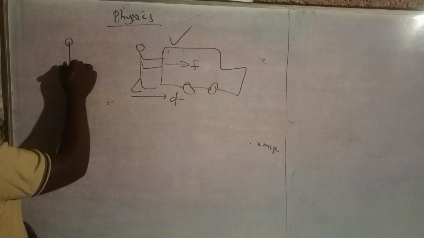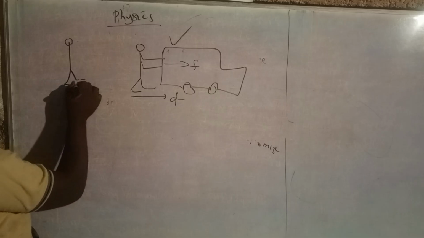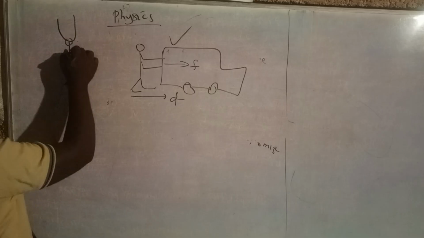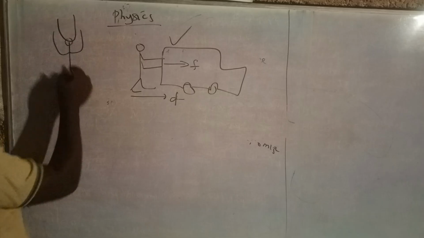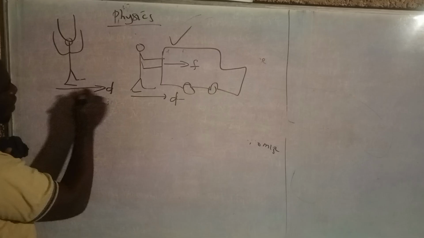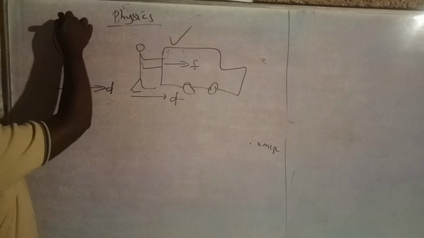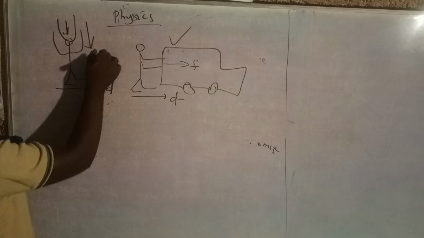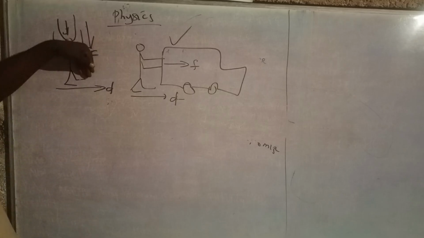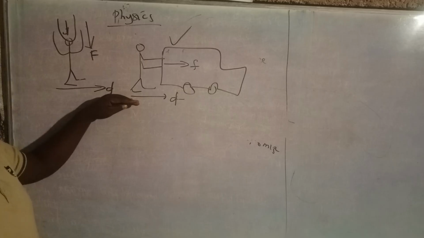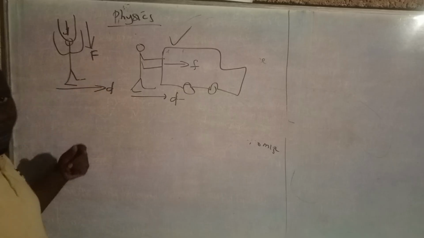But here there's no work done. This person is carrying a bucket of water on his or her head. As you can see, the force of this object is going downwards, and the distance is going in a different direction, which means here there's no work done.